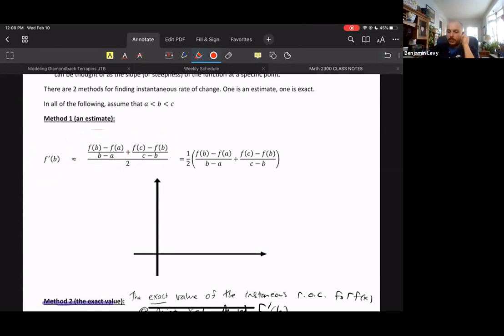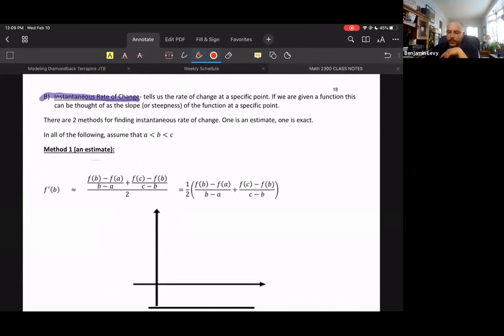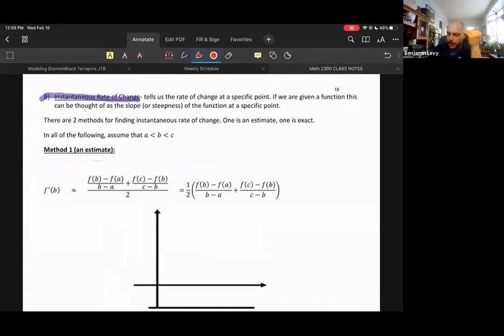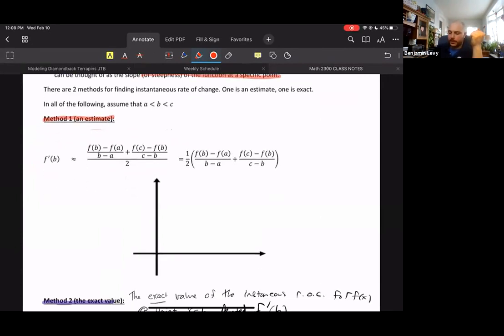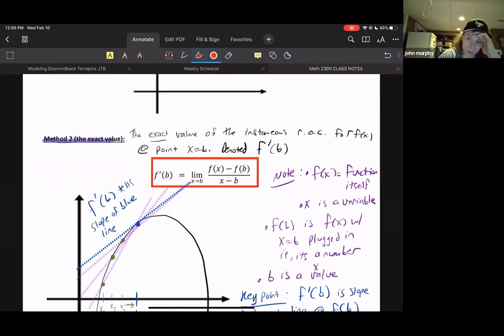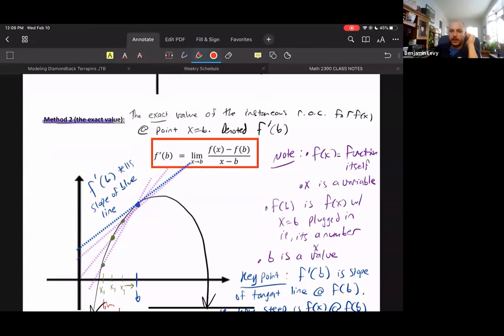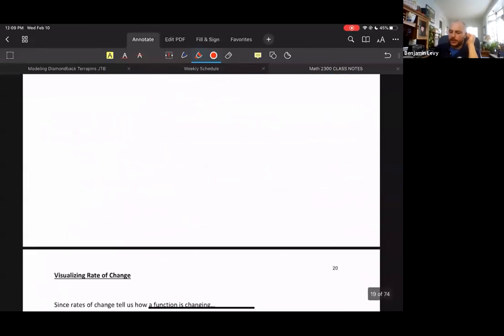Maybe I'll get more into this next time, because I want to spend the last 5 minutes doing something else. But the point is, this is the steepness. We're trying to estimate the steepness of the function at the specific point. We're going to talk about estimating it in class on Friday first. We sort of had the concept of doing it exactly, and then we'll look at some examples on this page.